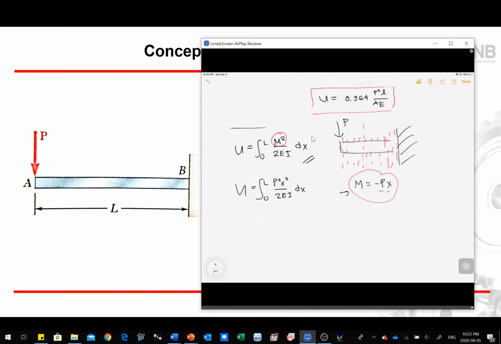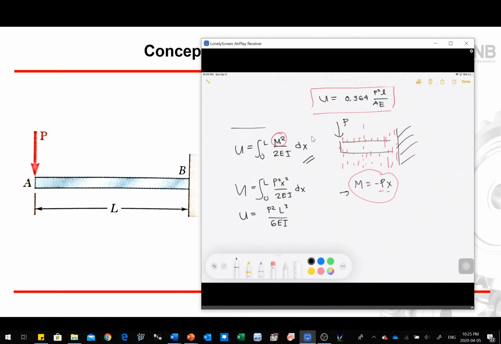Based on this loading condition, we will get U is equal to P squared L cubed divided by 6EI. Now that's going to be the answer for this question.